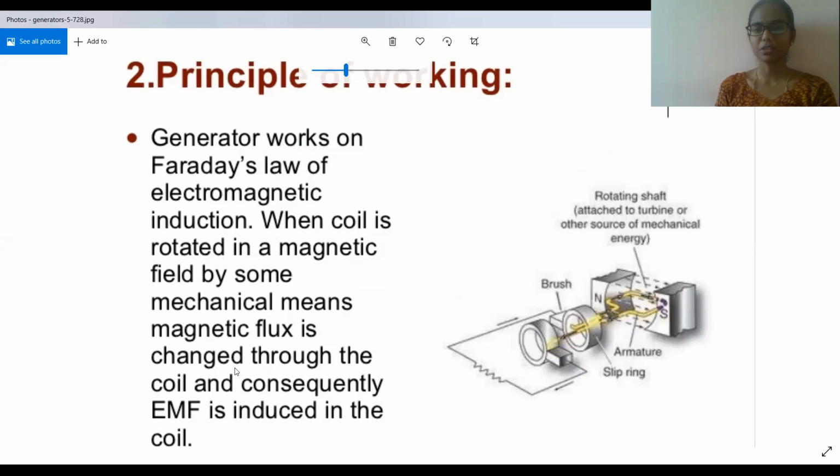Because of the change in magnetic flux through the coil, according to Lenz's law, EMF will be induced in the coil. Because of the induced EMF, we get induced current. This is the principle and working of the electric generator. I hope this is clear to everyone, children.